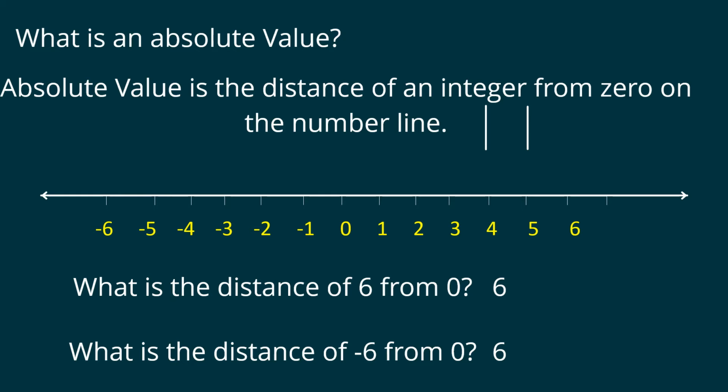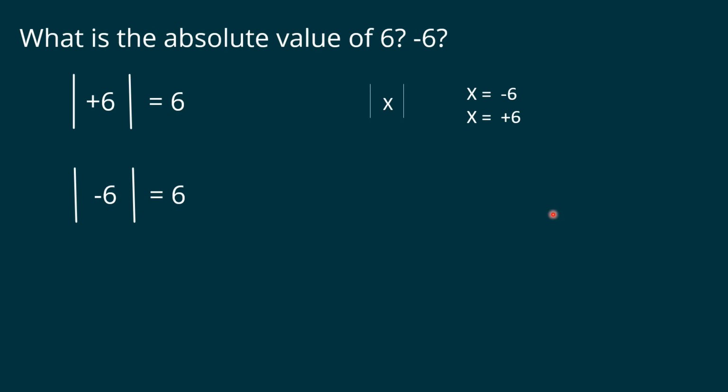So, ngayon, ang ibig sabihin niyan, this is the same as saying, what is the absolute value of 6? Of negative 6? Kanina sabi ko, what is the distance? So ngayon, pwede siyang palitan ng absolute value. Pareho lang ibig sabihin nun.